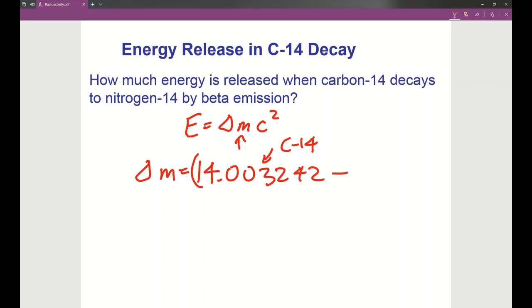And our nitrogen-14 mass is, where is it? Over here is 14.003074. Here's our Δm times c squared. Well, this is the change in mass, so we're not actually going to worry about that.